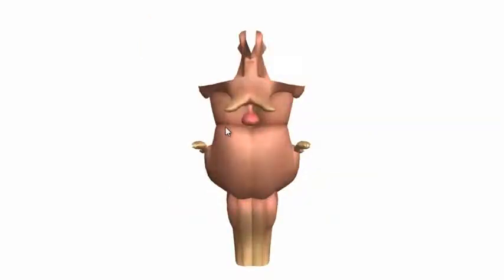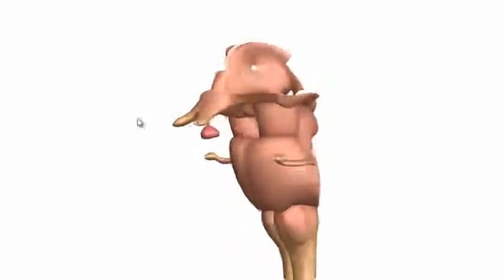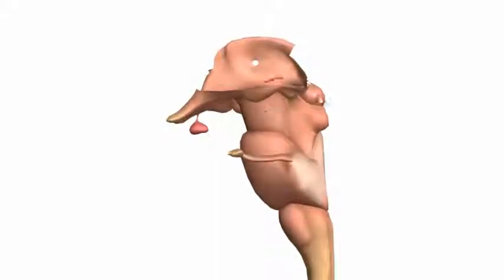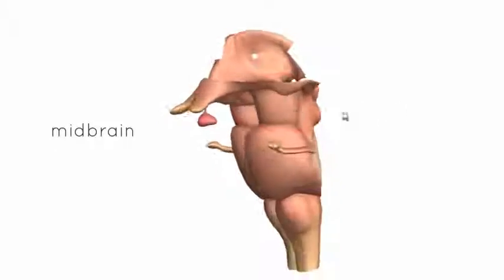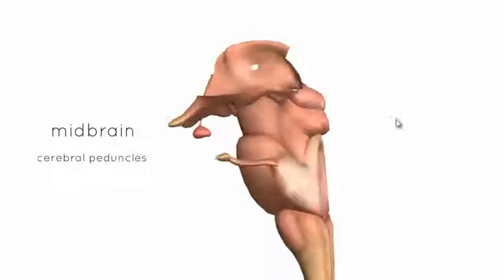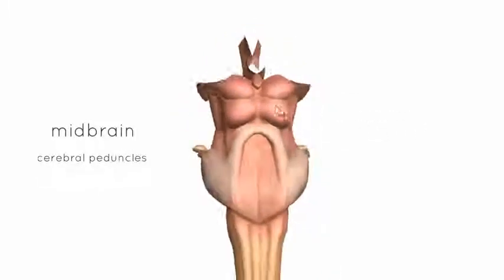So I've just removed all the other structures. We're looking at the exact same view. You've got the medulla at the bottom, the pons and the midbrain above it. So the midbrain is this region here, and at the front you've got these bits which are called cerebral peduncles, and at the back you've got these little sort of hills, and these are called the corpora quadrigemina.